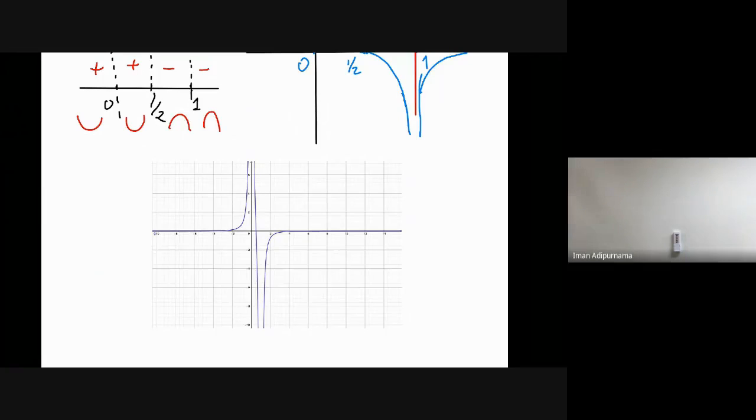To show you how the graph looks, this is how it looks. Notice that at half here, it's not really that much different. But if you zoom in, you will see a slight inflection. It will slightly change the concavity.